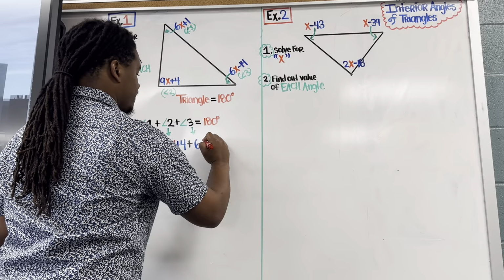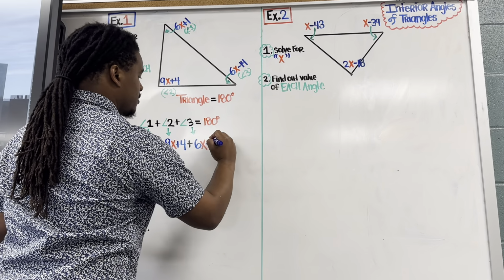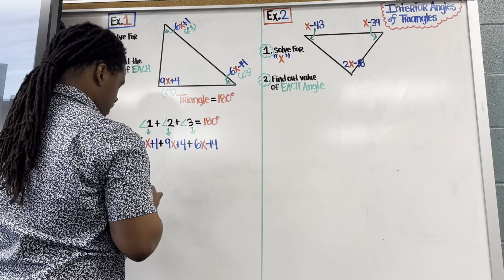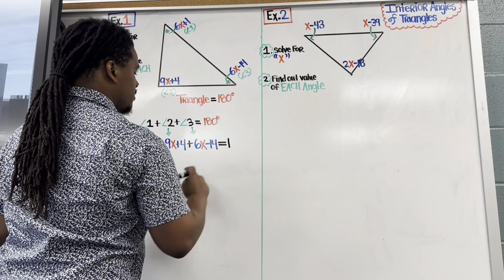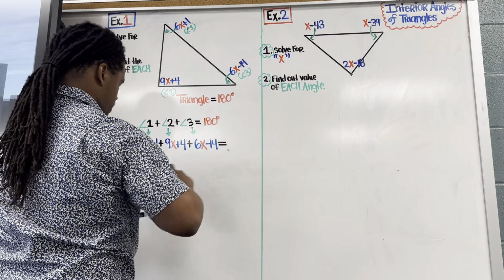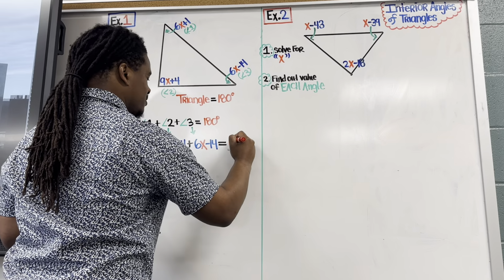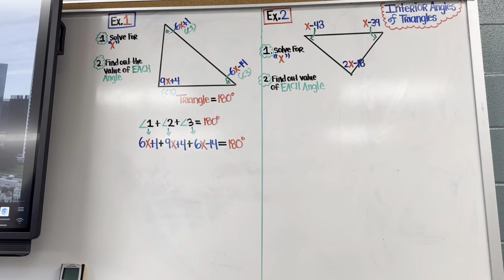6x minus 14, right? And remember, all of those angles added together equal 180 degrees. Now, what we're going to do is combine like terms to simplify.